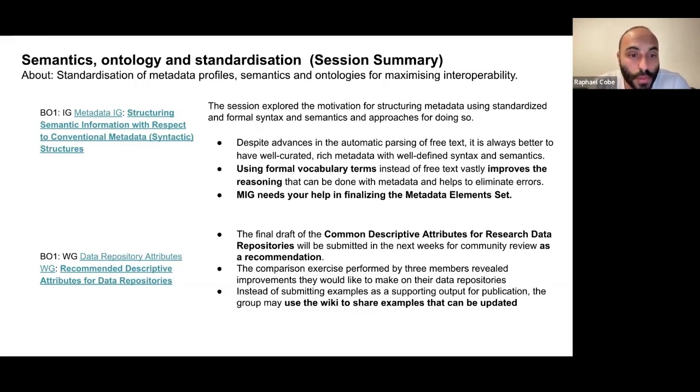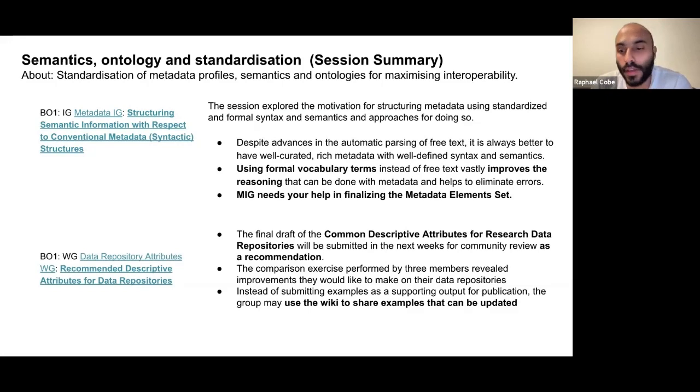The next working group was the data repository attributes group, and they have been working on descriptive attributes for data repositories. They plan on using the week to share examples that can be updated, instead of submitting examples as supporting output for publications.